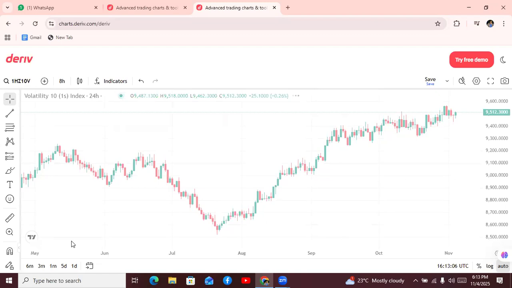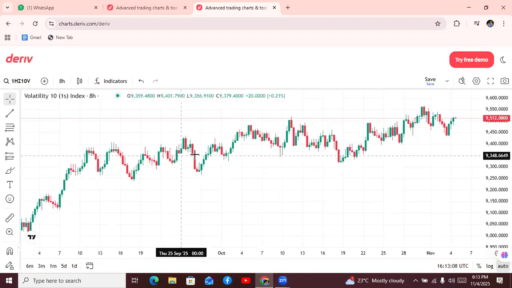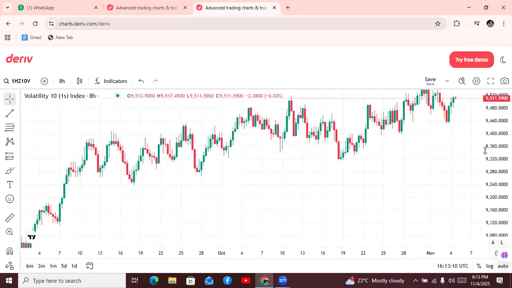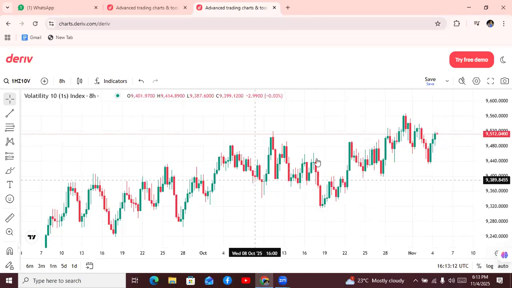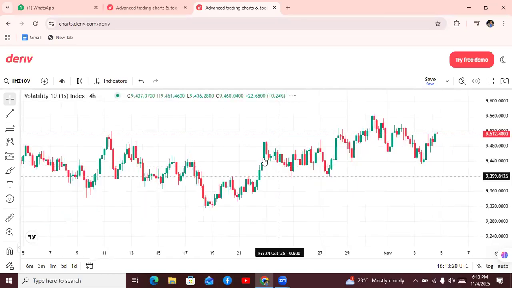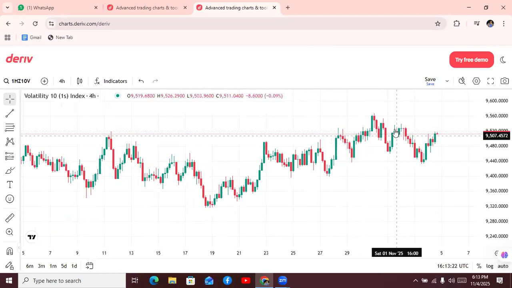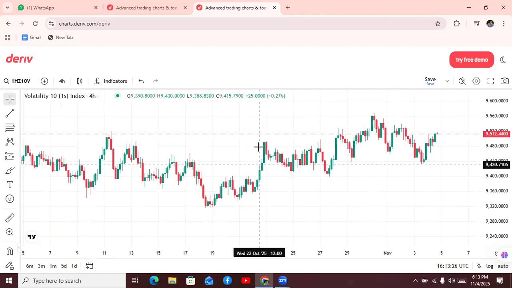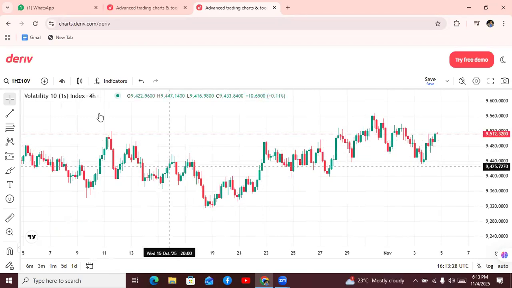If you click at 8 hours, then every candlestick that you see here was formed in 8 hours. If you go to a 4-hour time frame, every candlestick is formed in 4 hours, which means one candlestick is equal to 4 hours.